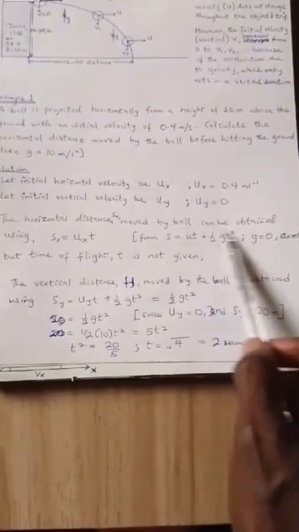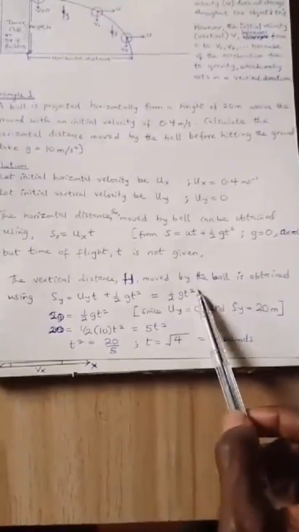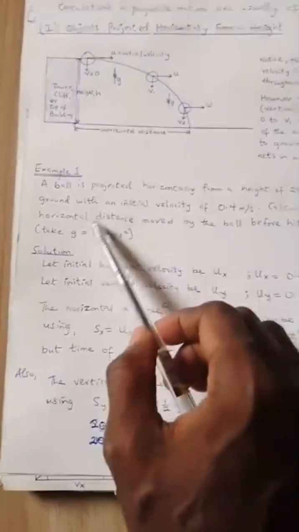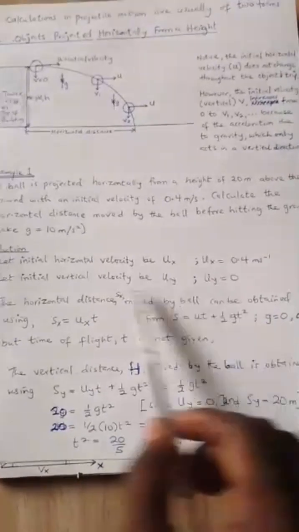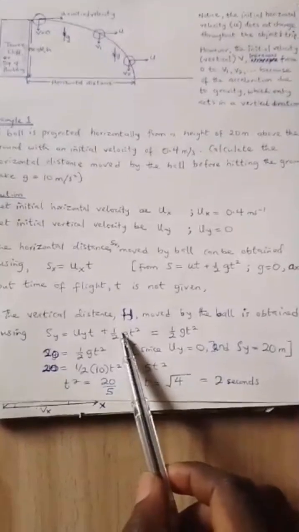Remember Newton's second equation of motion for uniformly accelerated motion. So uyt plus half gt squared equals half gt squared, because uy is 0. It's a horizontal initial velocity, so there's no vertical component. So uy is 0, take note. So all of this is 0, and we're left with half gt squared.